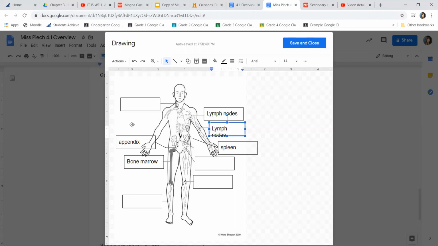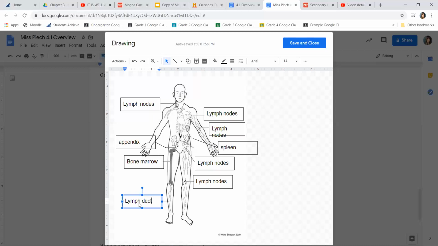And then we have lymph nodes all over. We have them in our neck, as well as underarm, groin area, and so on. So lymph nodes are here as well, even over here. And then we also have our lymph duct, which will collect and drain the lymph fluid.